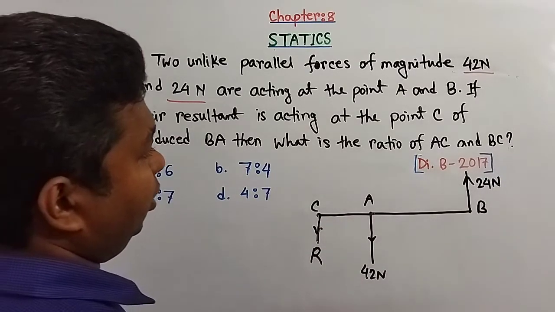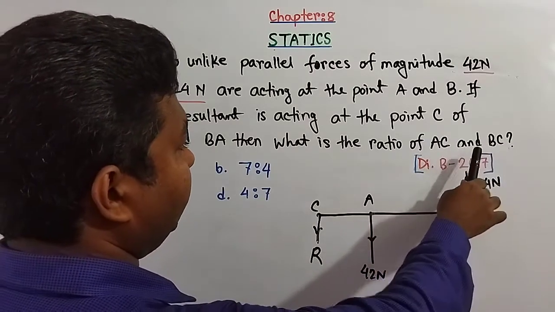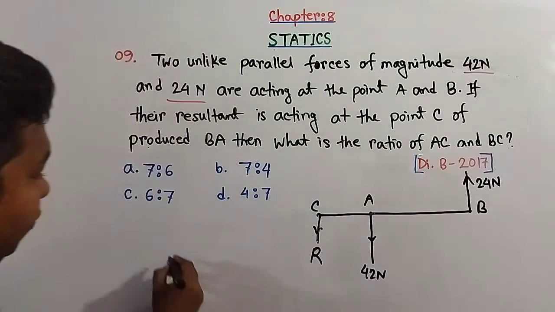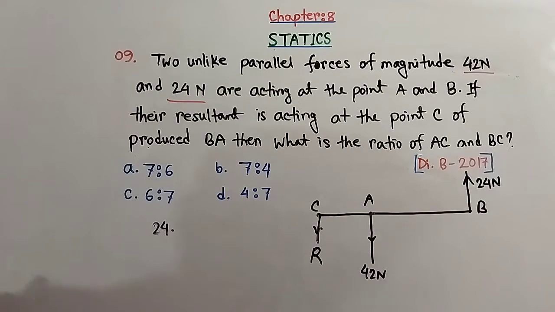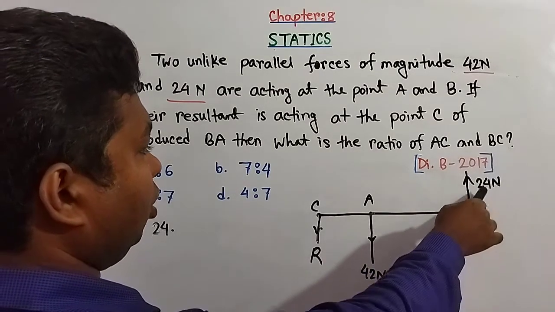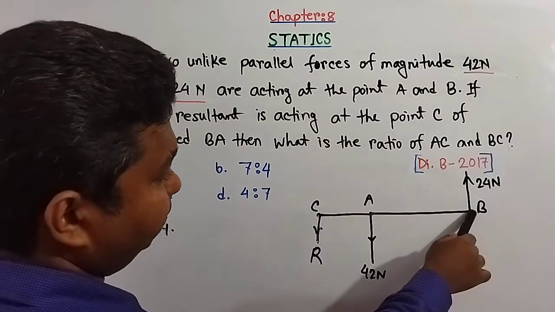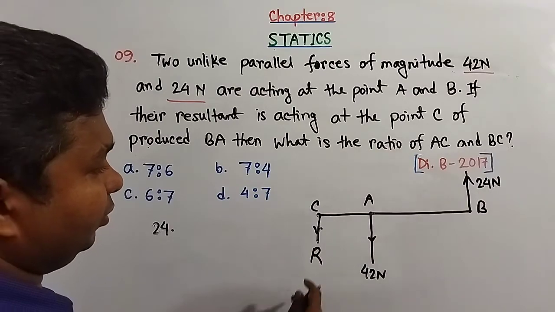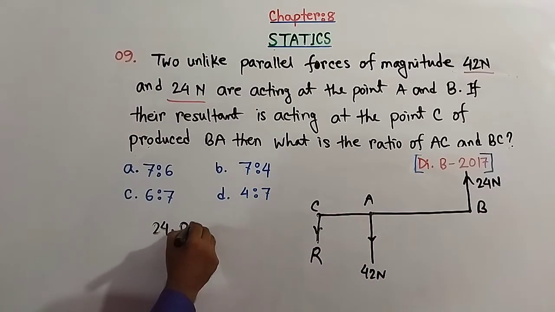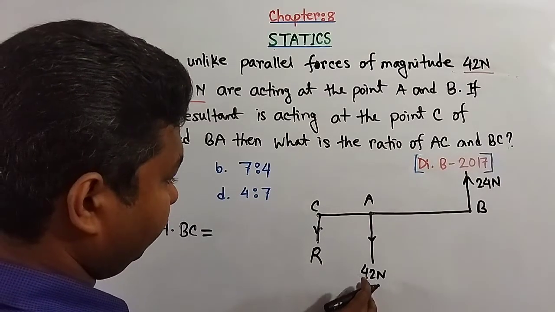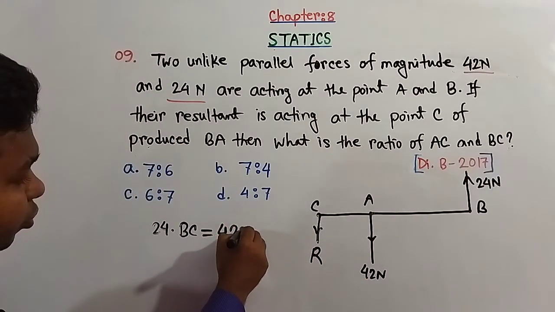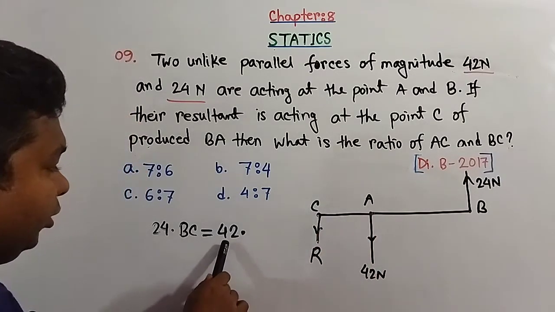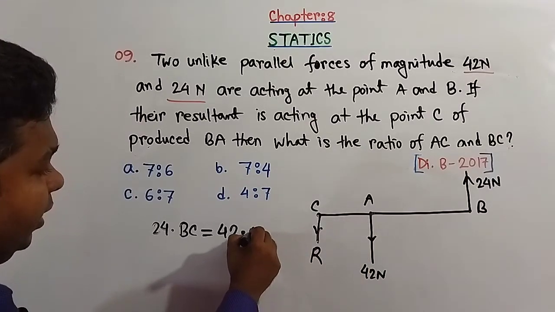Now from the figure we have to find the ratio of AC and BC. We can write 24 into the distance of the acting point of the 24 Newton force, that is B, from the resultant force acting at point C, so 24 into BC, equal to 42 Newton into the distance from the resultant point to the acting point of the 42 Newton force, that is A, so AC.